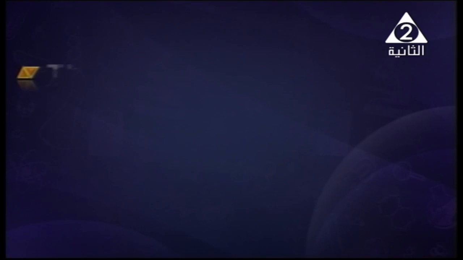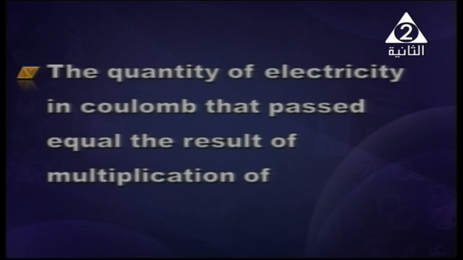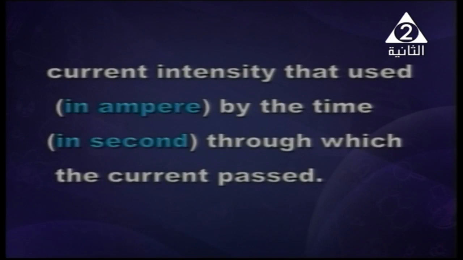Okay. The quantity of electricity in coulomb that passed equals the multiplication of the current intensity used in ampere by the time in seconds, as you study in physics. Q equals I times T. Q means the quantity of electricity, I means the electric current intensity, and T means the time through which the current passed.